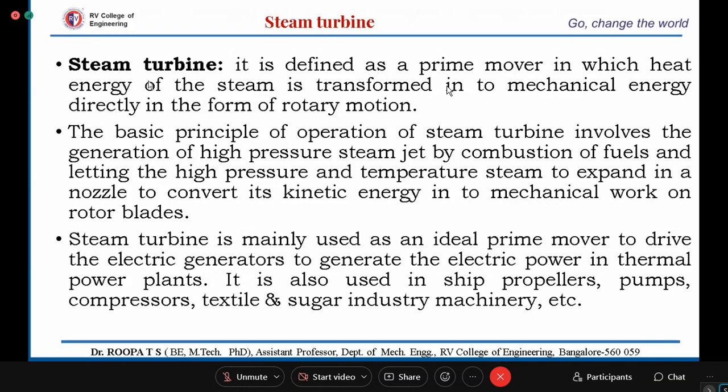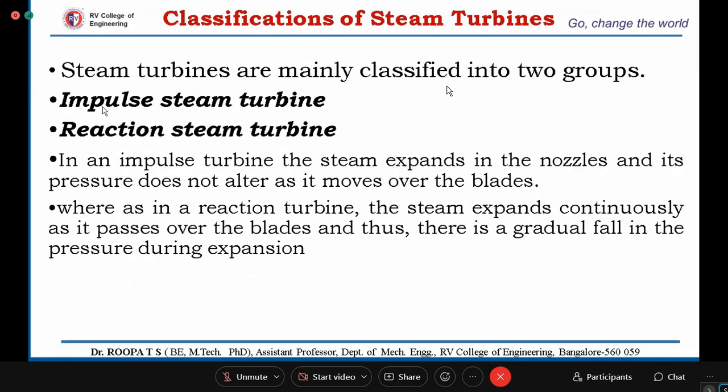So in these steam turbines, we have two types. One is the impulse steam turbine, another one is the reaction steam turbine. So we discussed this in the previous class. In the impulse steam turbine, we use a nozzle, and the nozzle effect can be seen inside the nozzle, and the pressure and velocity can be controlled. In an impulse turbine, the turbine blades are of uniform cross section, so there will not be any pressure variation as the steam glides over the blades.